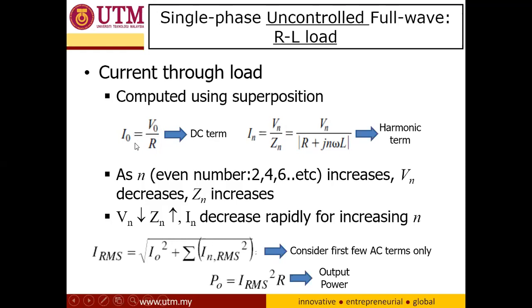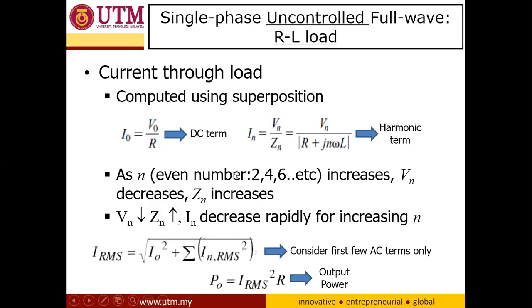So I out, which is the DC component of the output, can be directly computed by using V out over R, while for the AC component of the Fourier series, which is In, we can compute it by Vn over Zn, where Zn is R plus jn omega L, and n is an even number: 2, 4, 6, and so on.